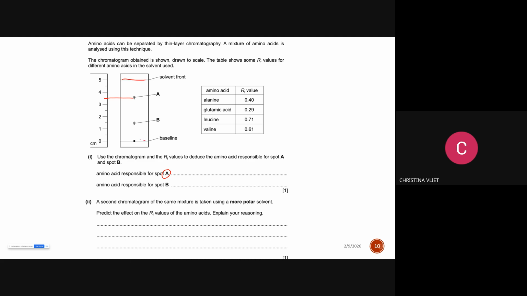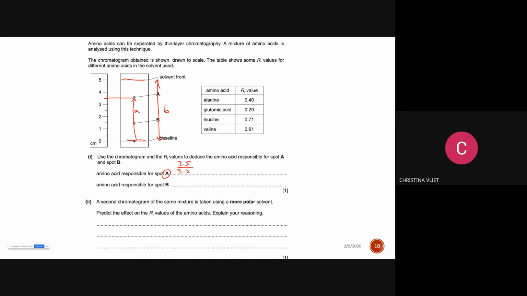So from baseline to solvent front, this whole thing is what we would call little b, the whole distance traveled. And then little a is from here to here. That would be A. The distance for A would be 3.5, or approximately, over the distance traveled in total, which is 5.